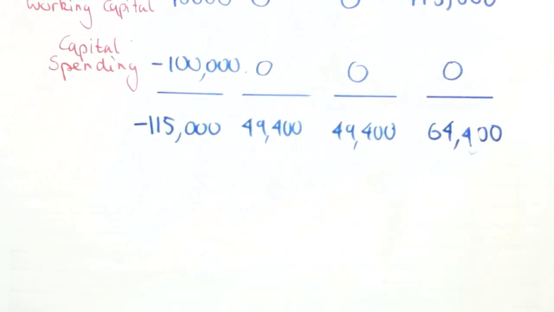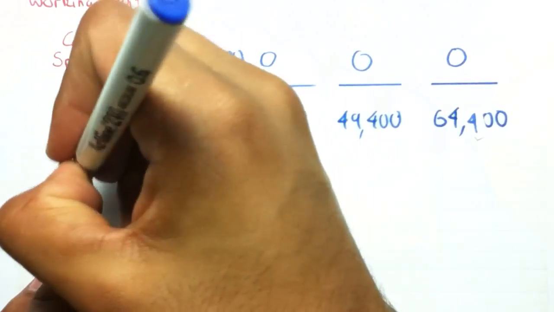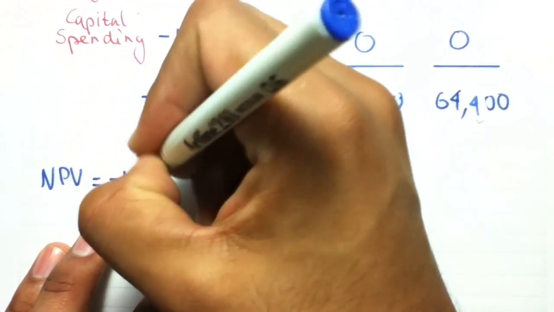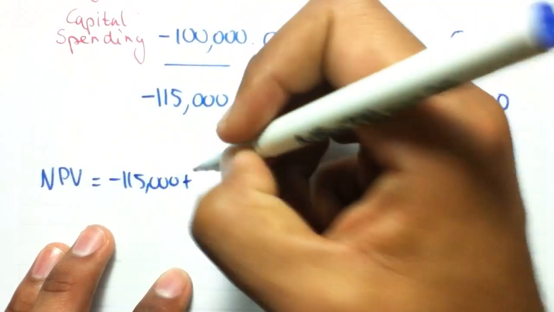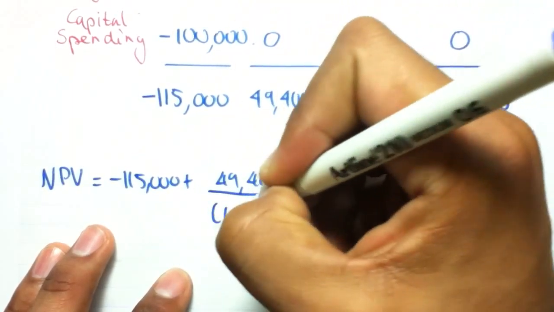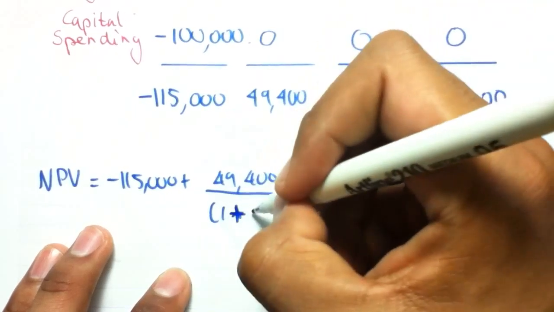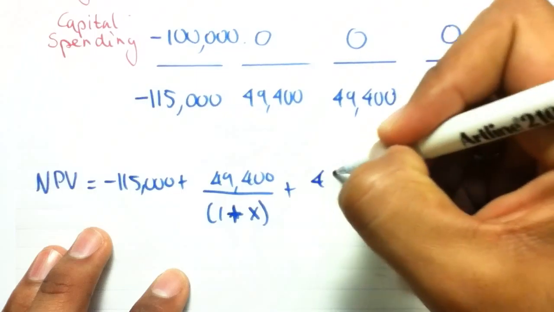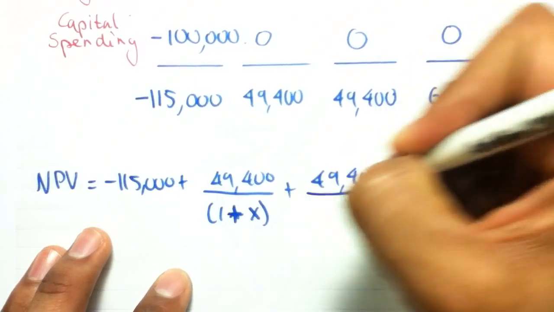Now, another question we can say is, alright, is this project worth taking? Well, what do we have to do? We have to calculate the NPV, don't we? Now, the NPV is just going to be equal to this. Now, we have no market rate of return, so we're just going to leave it as X right now.